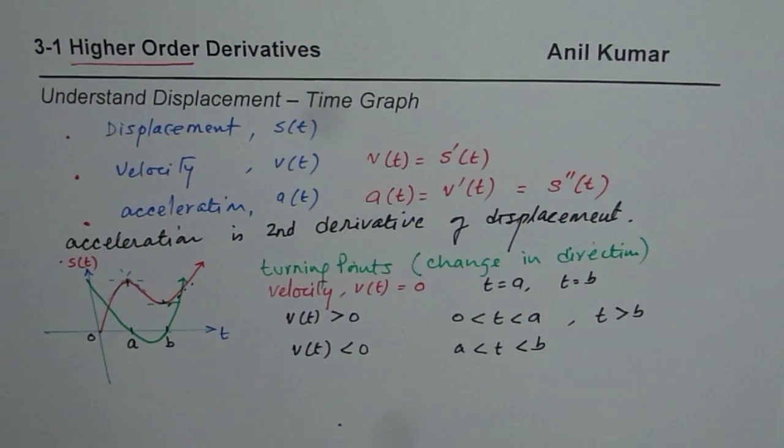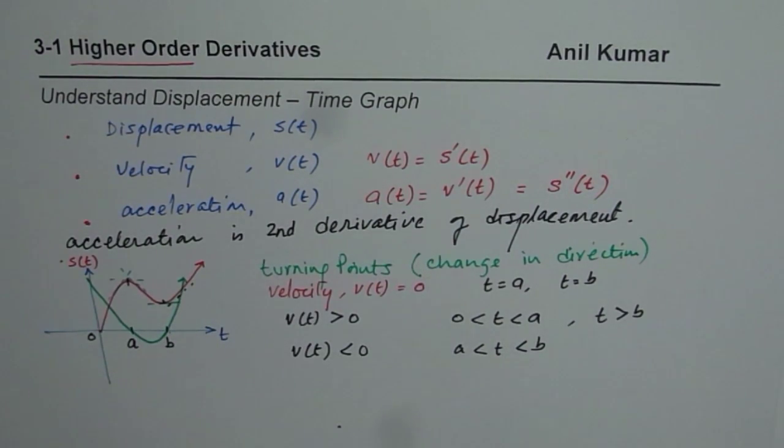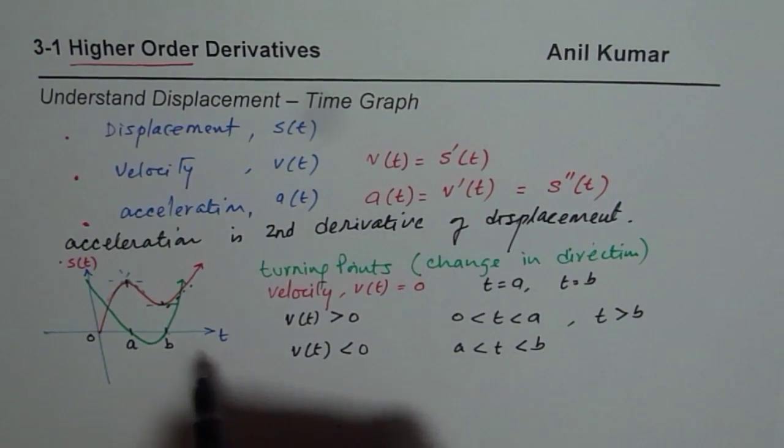Do you see that? So that is the kind of velocity graph. That is what you get. So for basic understanding, I hope we'll take up equations and concrete values later, but I think this video gives you the basic concept. Now let's move on to acceleration from here, right?